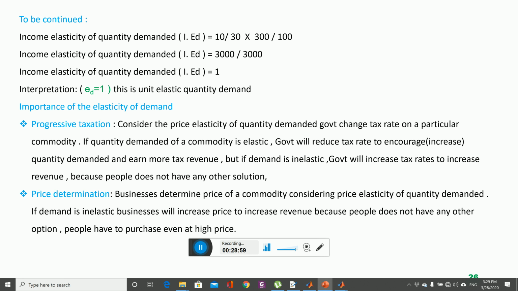If the government is increasing tax on the elastic demand, the company will increase the price also. When the company increases the price, demand is very elastic, the company will lose 100% customers. So from where will the company pay tax revenue to the state?